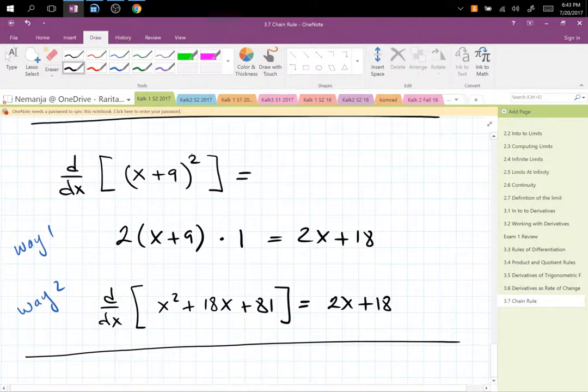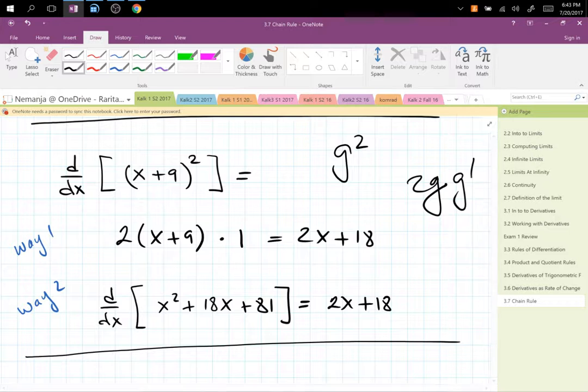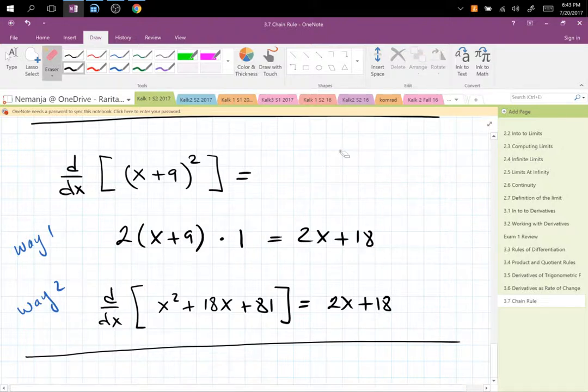This is technically the derivative of g squared. Something that is squared is 2g times g prime. X plus 9 is plugged into x squared.